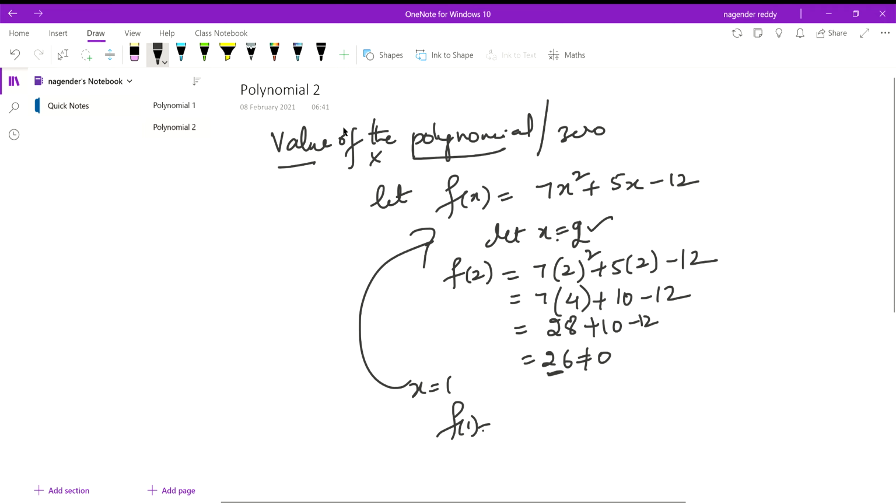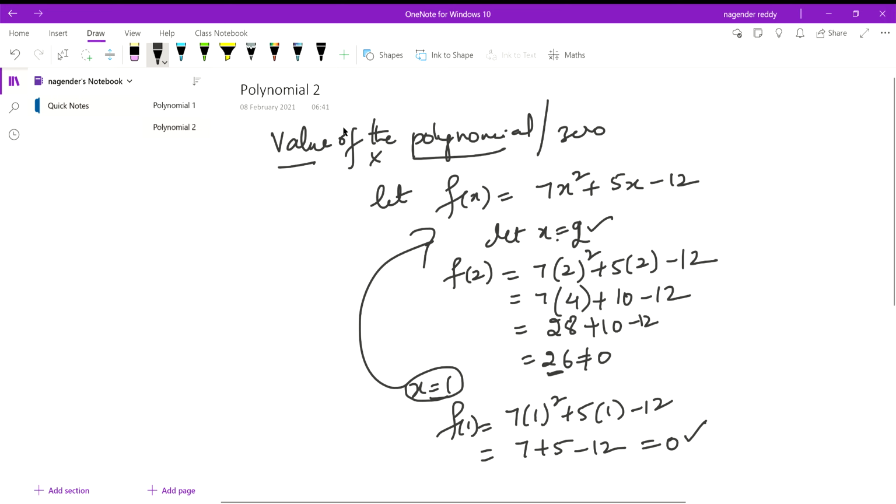Then f of 1 is equal to 7 into 1 square plus 5 into 1 minus 12. 1 square gives you 1, that is 7 plus 5 minus 12 gives you 0. Here you are getting 0, which means x is equal to 1 is called a zero of the polynomial f of x.